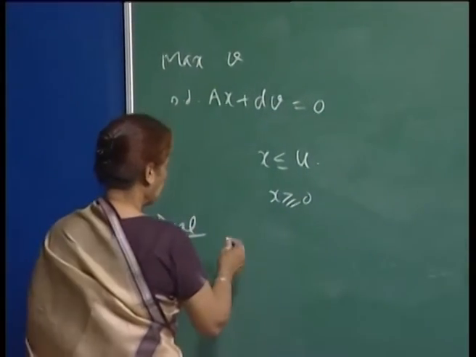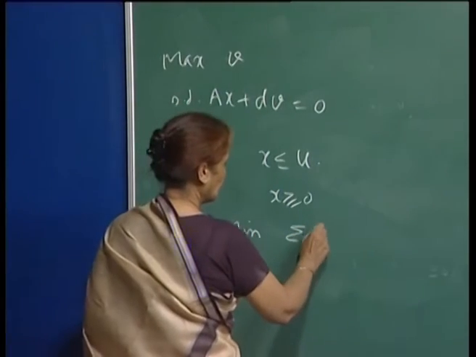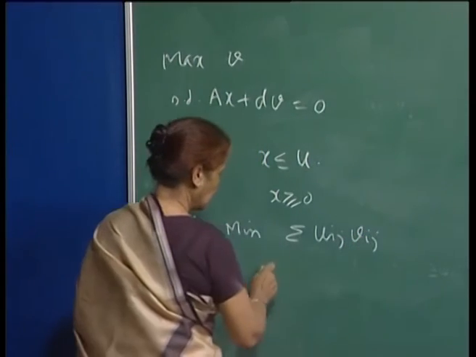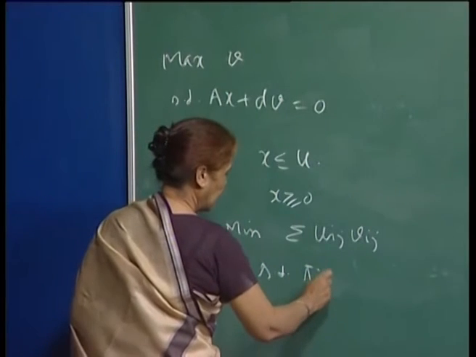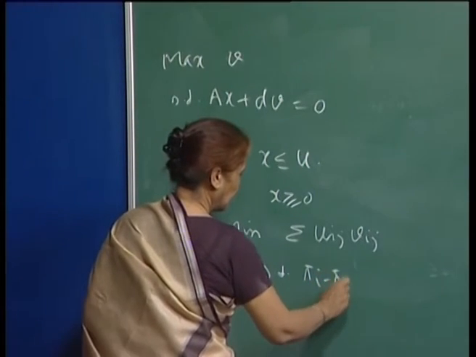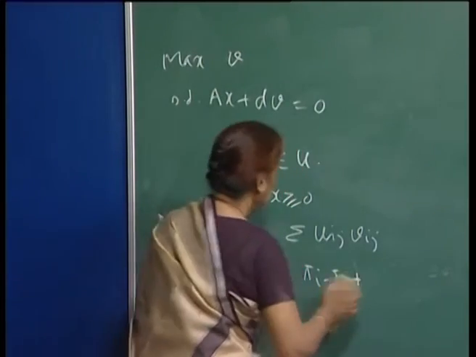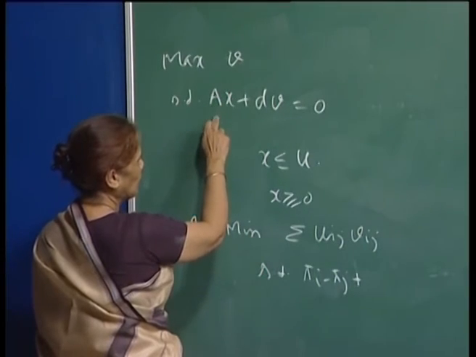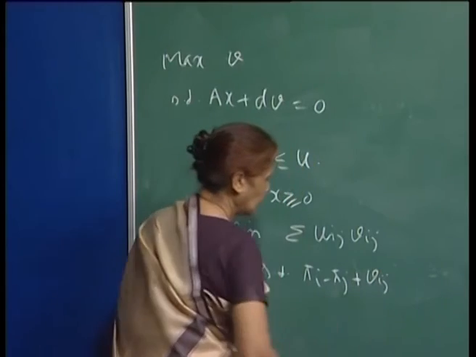So, dual would be minimize summation uij vij subject to, and remember this I will now write as pi i minus pi j plus Vij. Yes, because a column here will have two entries, plus 1 minus 1, and then Uij plus Vij.